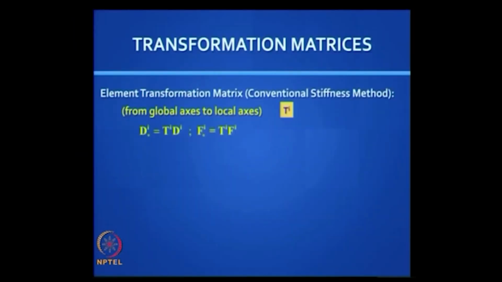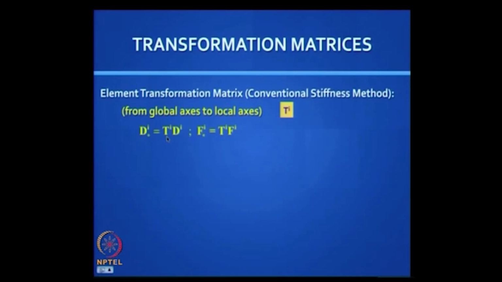Now let us look at transformation matrices. You need to know how to switch between the structure and the element. So you have some relationships. This is a linear transformation. So you can transform from Di to Di star. So this is a standard transformation.